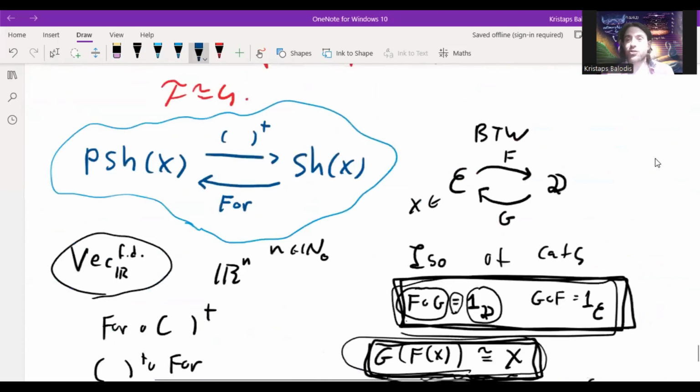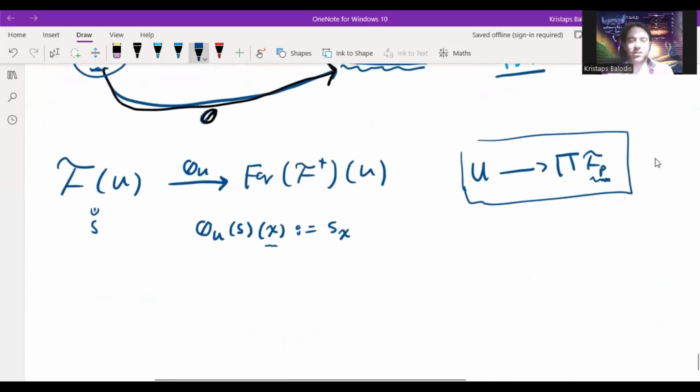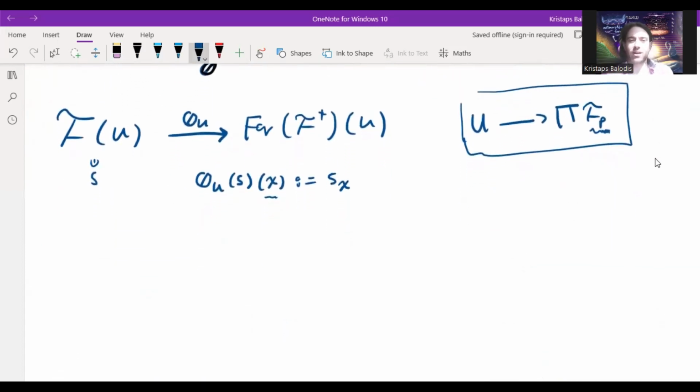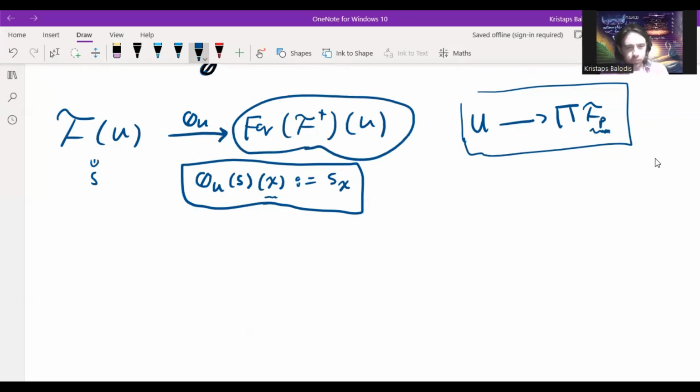Well, that's pretty trivial to do in this case, because for that V above, I could just take it to be U. And we already have this condition: my function is equal to s at x for all x in U, which is the V here. So this definitely does land in here.